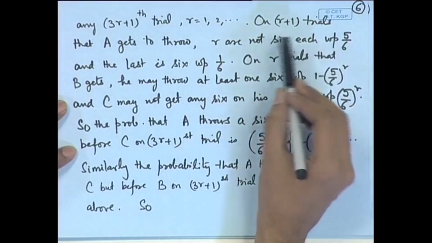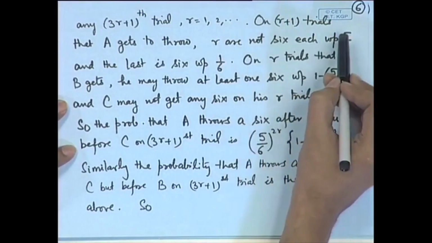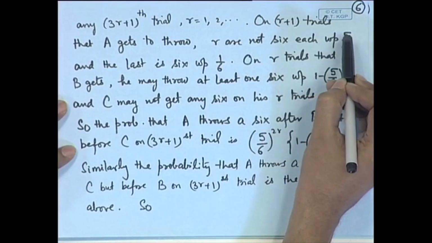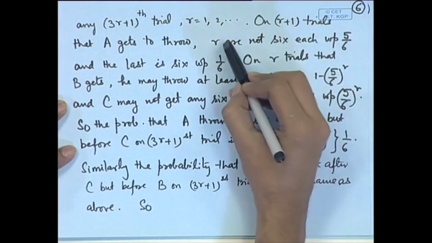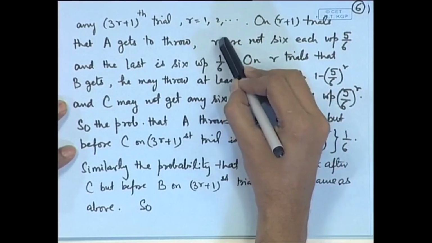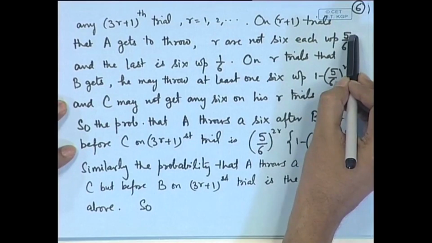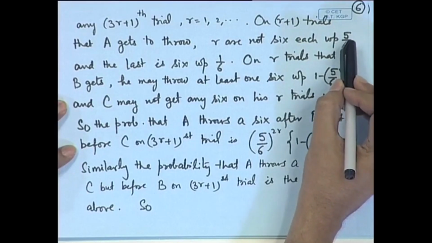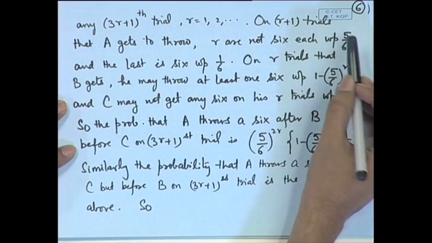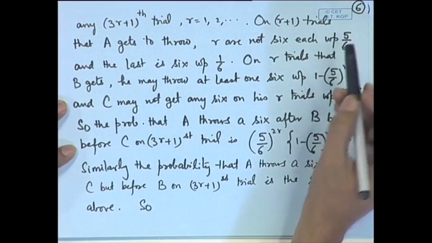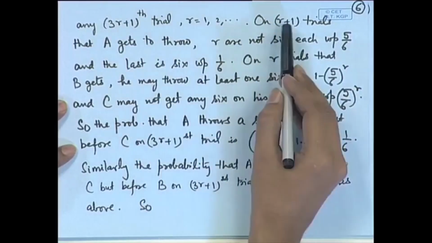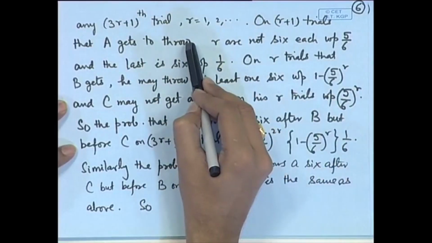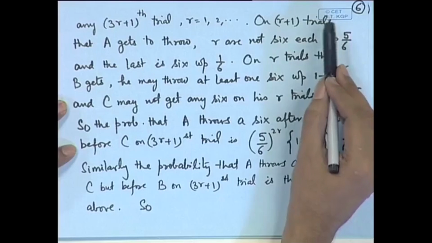Now, in a single trial, if we are assuming the die to be fair, A will not throw a 6 with probability 5 by 6. So, in the first r trials he is not able to get a 6, and the probability of that is 5 by 6 to the power r, and in the r plus 1th trial he gets a 6. So, the probability of that is 1 by 6.